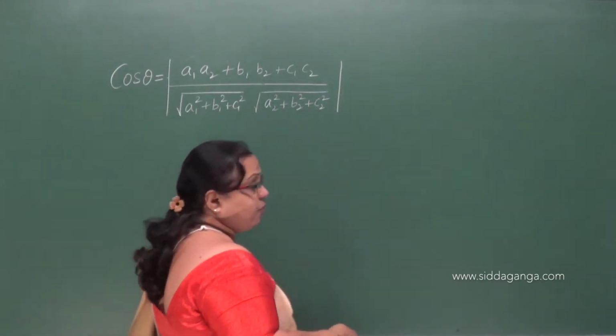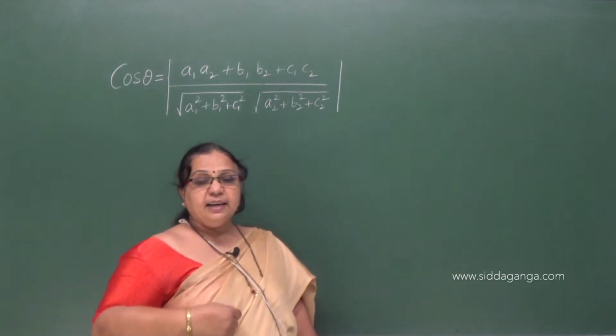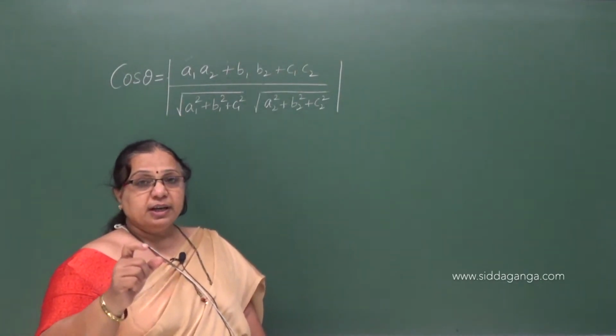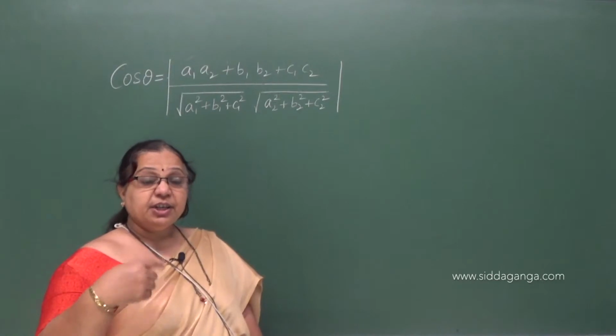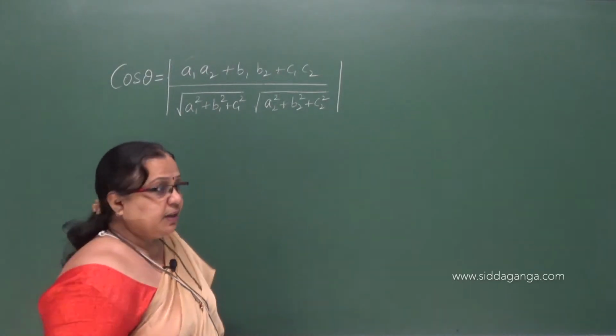So this is the formula to find the angle between the two lines when the direction ratios are given.